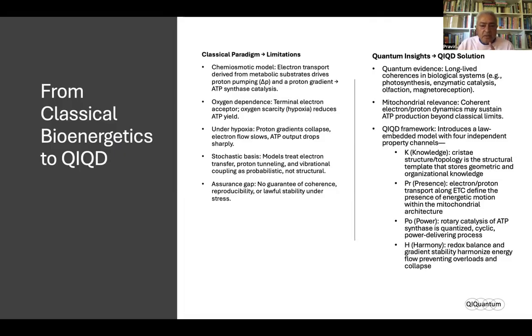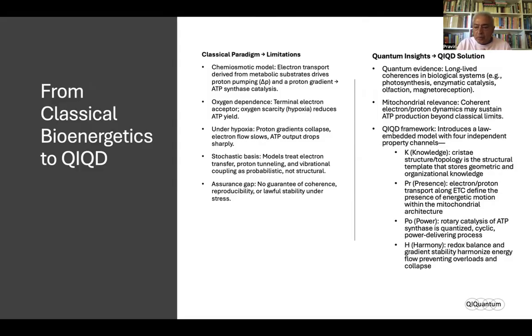And the way that this works in QIQD is that, as per the fourfold fractal pattern that I had referred to, since it is fractal in nature, we'll find instances of this even embedded in, for example, the mitochondrial structure. So if we think about the cristae structure or topology, then this is a structural template that stores geometric and organizational knowledge. So it correlates with one of the four tuples that we call knowledge.